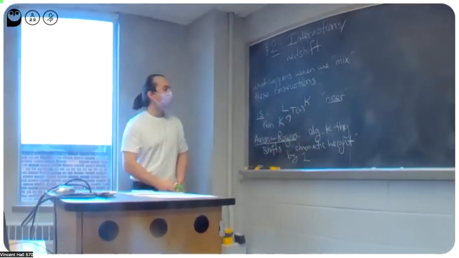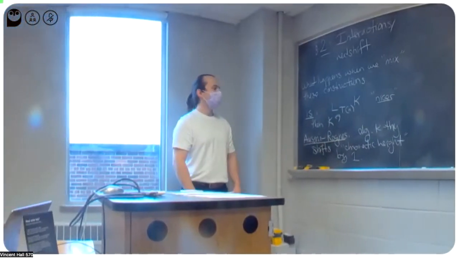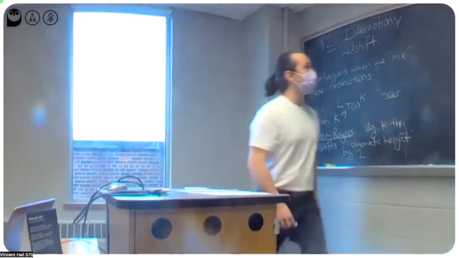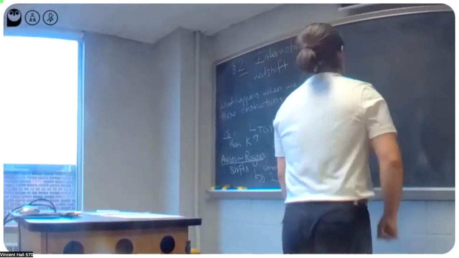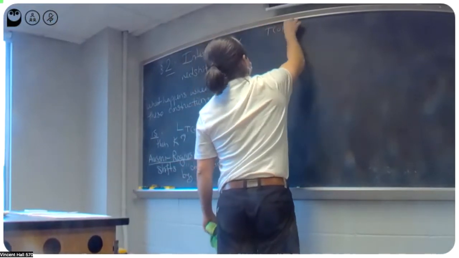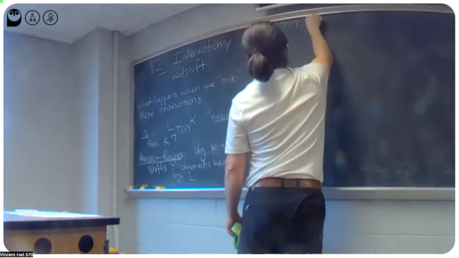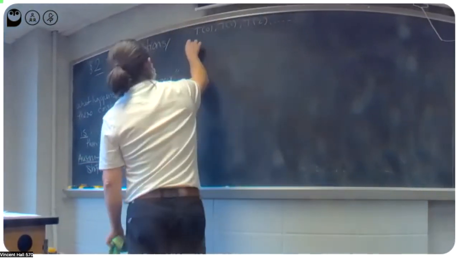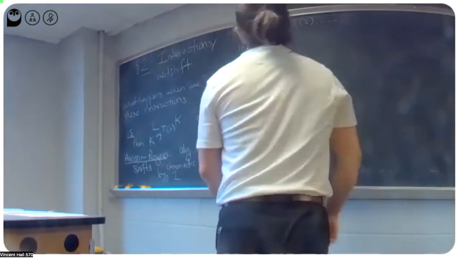So let me vaguely gesture at what this looks like with a silly little picture that I like to draw. Let's say we had a bunch of these homology theories, T0, T1, T2, etc. And let's say we had some ring spectrum R over here.